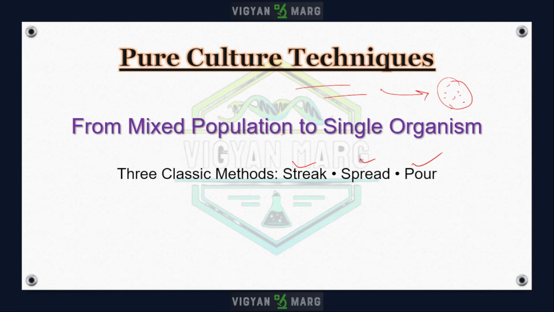All three methods share a common goal: to separate the individual cells sufficiently on a solid surface so that each one can grow into a discrete or well isolated colony. In the next slides we will look at each of these techniques, their step by step procedure and their advantages and limitations.